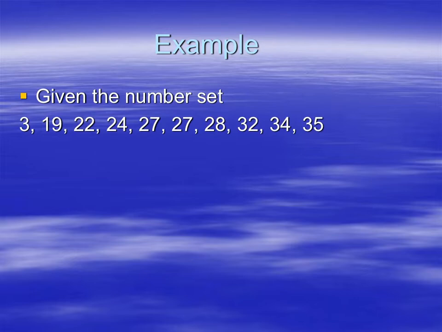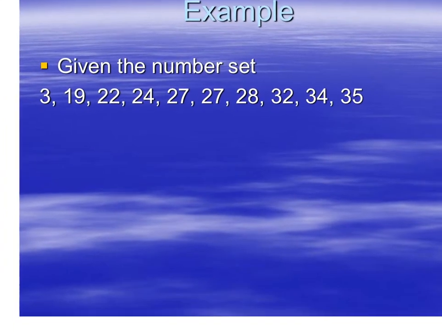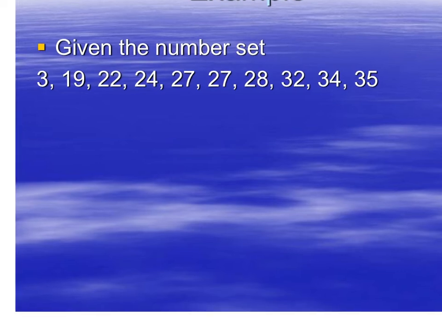All right, so given this number set, I'm just going to work through computing the stats that we've talked about. First of all, in this particular number set, if we go through our measures of center, we could calculate the median. In this case, the numbers are arranged in order.